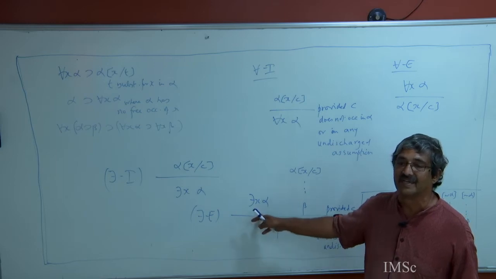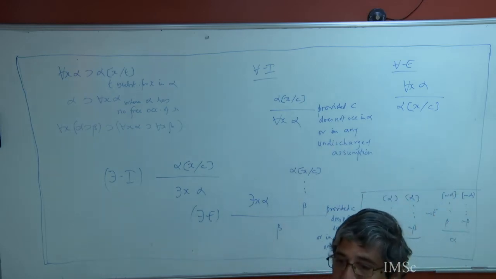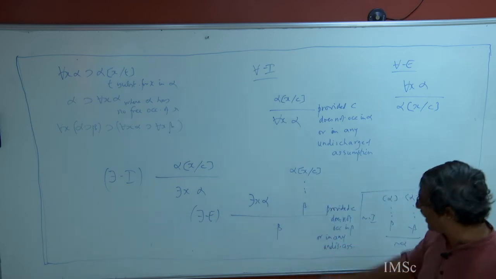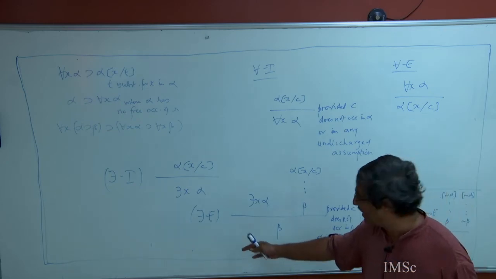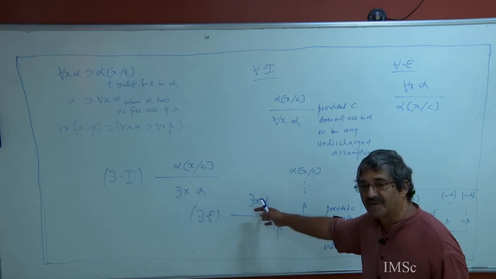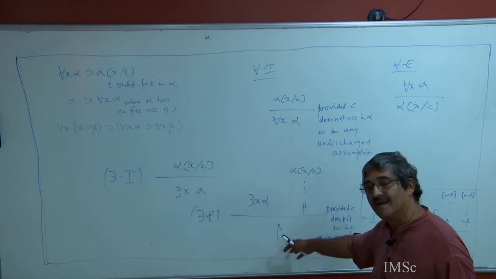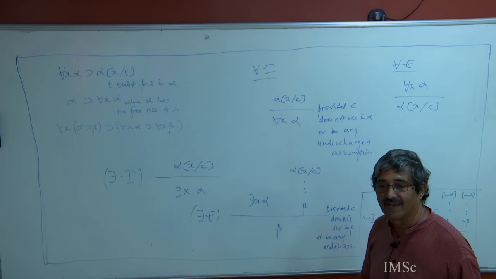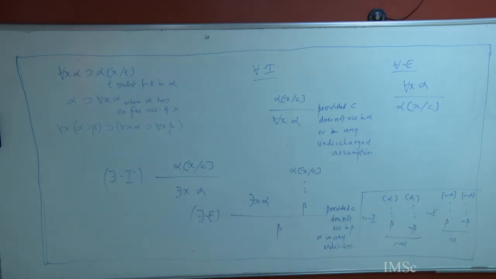The existence of such an element is all that I used for concluding beta. Anyway, this is all in words, you can check that this is sound. That means if this is a consequence of gamma and this is a proof, then the conclusion is a consequence as well, and that's something you can actually sit and do the proof of.